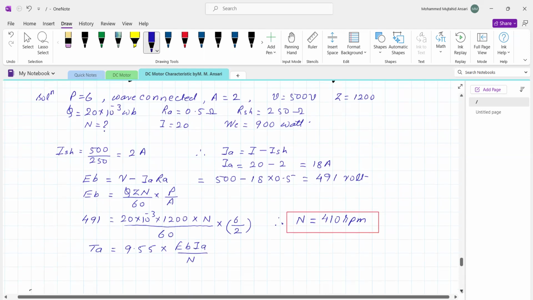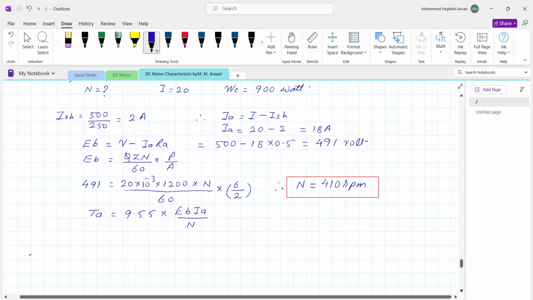So Ta is equal to 9.55 into back EMF 491 into armature current 18 ampere divided by 410. So here the armature torque equals 206 Newton meter. So this is the armature torque, the torque developed by the motor.